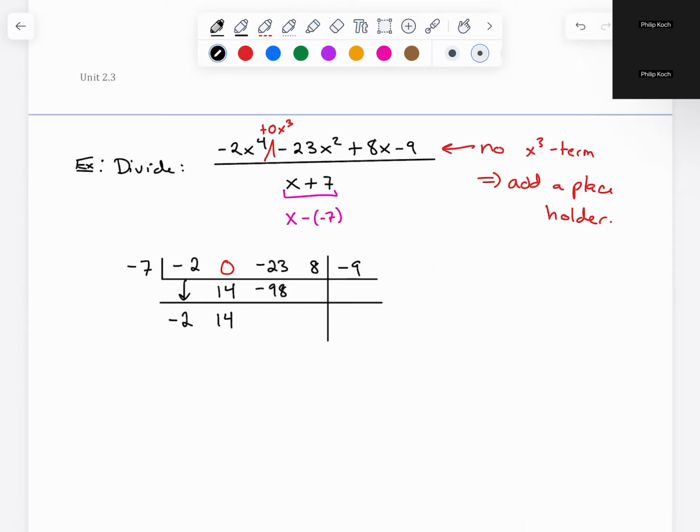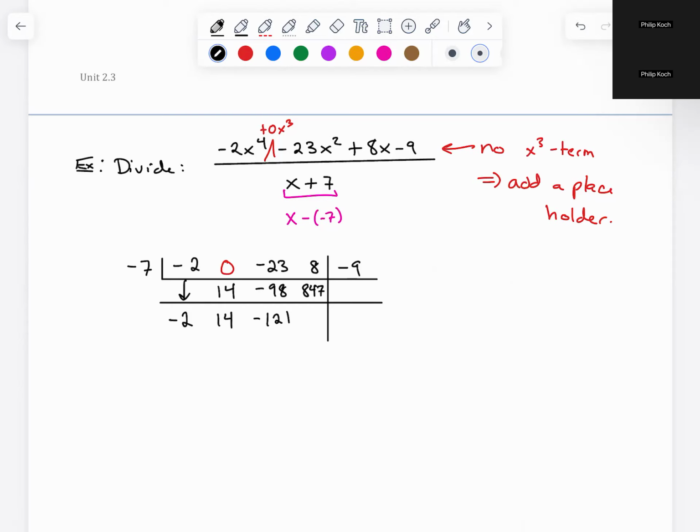And yes, these are going to be big numbers. Like we try not to have them be obnoxiously large numbers, but every once in a while it happens. So make sure you're comfortable with your calculator. It's totally fine to add these things together. That'll be negative 121, and then negative 7 times negative 121 is 847.